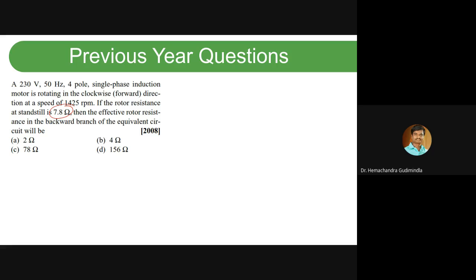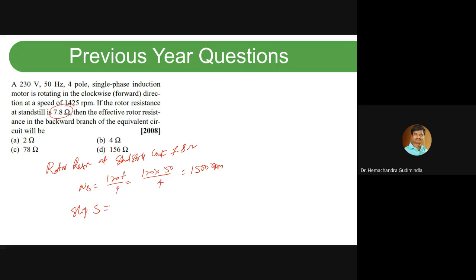Now, what is the rotor resistance at standstill condition? 7.8 ohms. Now, what is the synchronous speed? Ns is equal to 120 f by p, that is 120 into 50 divided by 4, so 1500 rpm.